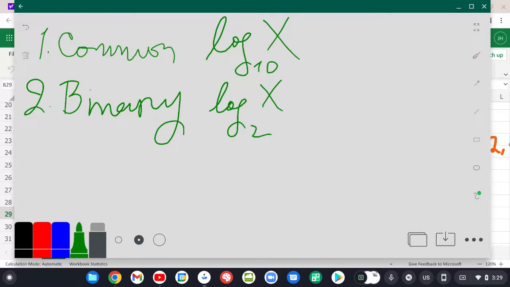So if we use the binary log, basically 4 is 2, 8 is 3, 16 is 4. And then the third one is the natural log.